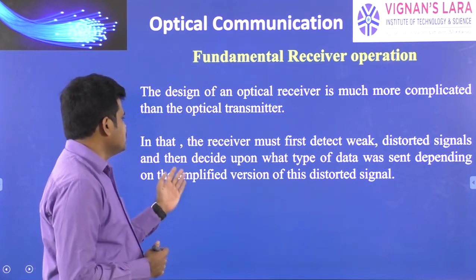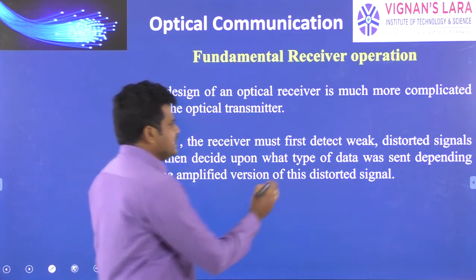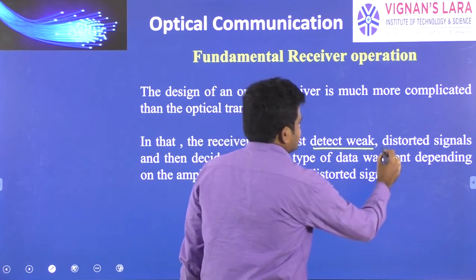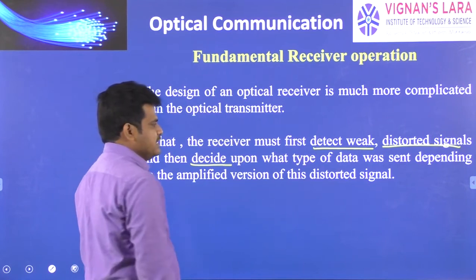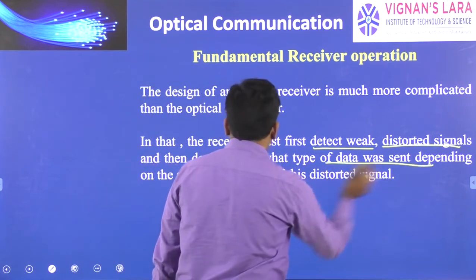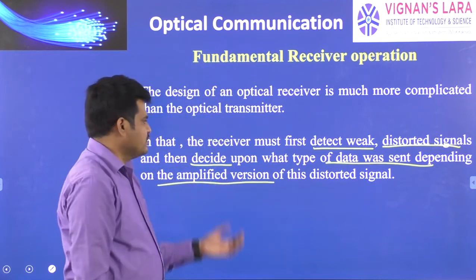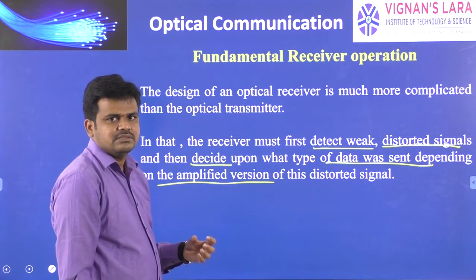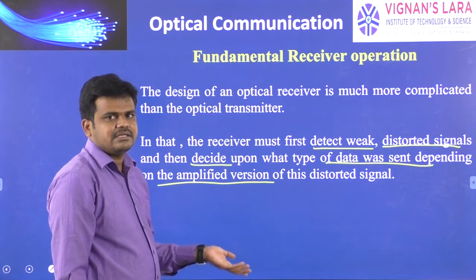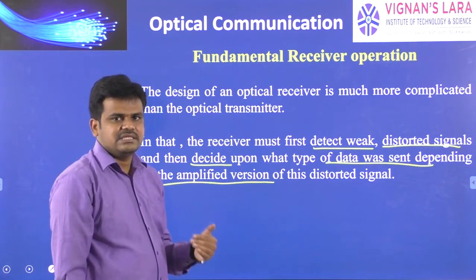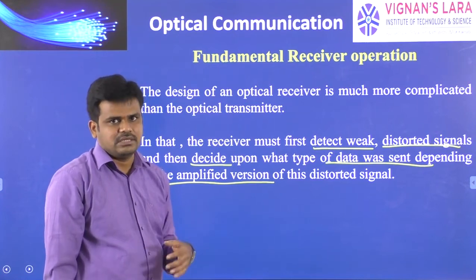The receiver must detect weak signals and distorted signals, and then decide whether the received signal is above the threshold voltage or not, depending on the amplified version of the distorted signal.